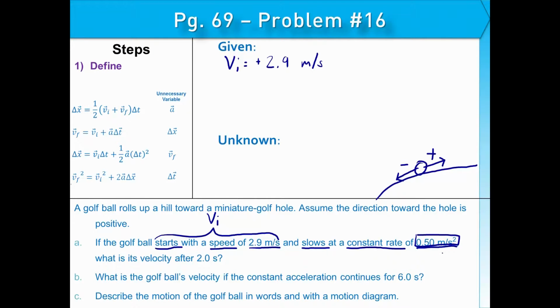The reason is that there's only one variable that has the units meters per second squared, and that variable is acceleration. So we now know I'm given the acceleration. But acceleration is a vector, so I need to know the direction, or at least the sign for it. What word tells me what sign the acceleration will be? Well, the key word is slows.